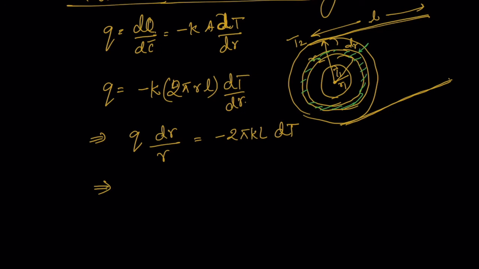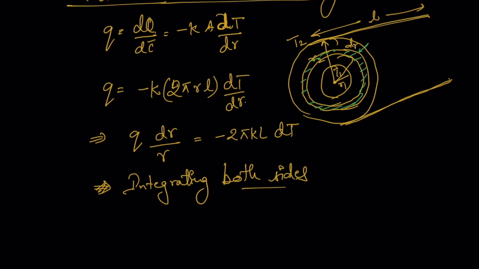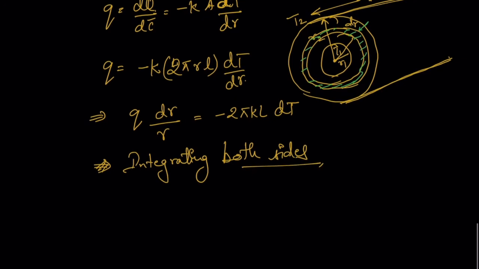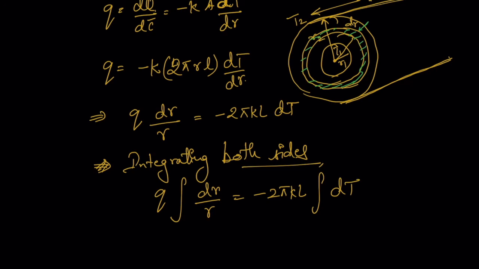Now integrating both sides, you can get q, which you can take as a constant outside, dr by r equals minus 2 pi k l, where l is also constant, and integrating dT. So at r equals r1, temperature is T1, at r equals r2, temperature is T2, right?